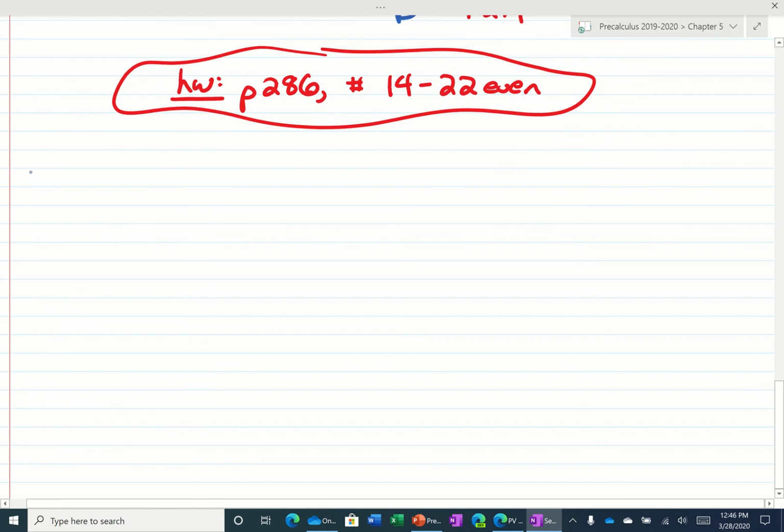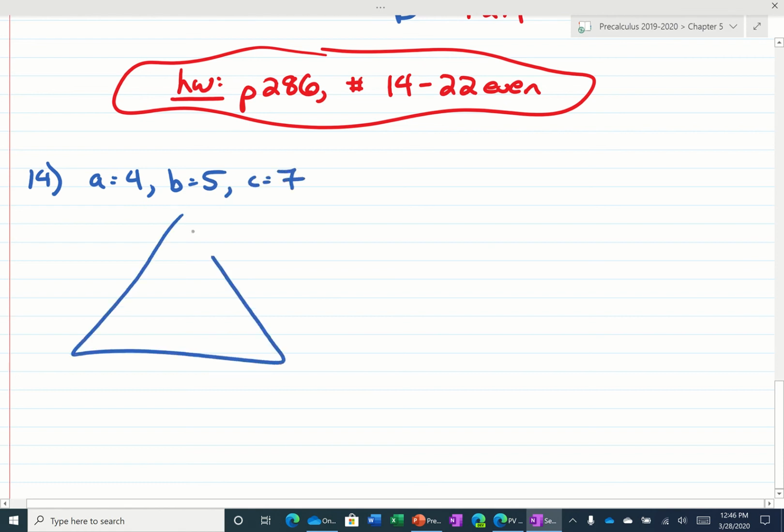So I'm taking a look at number 14 first. Number 14 says side A is 4, side B is 5, and side C is 7. The good thing about this is we don't have to try to find how many triangles there are.